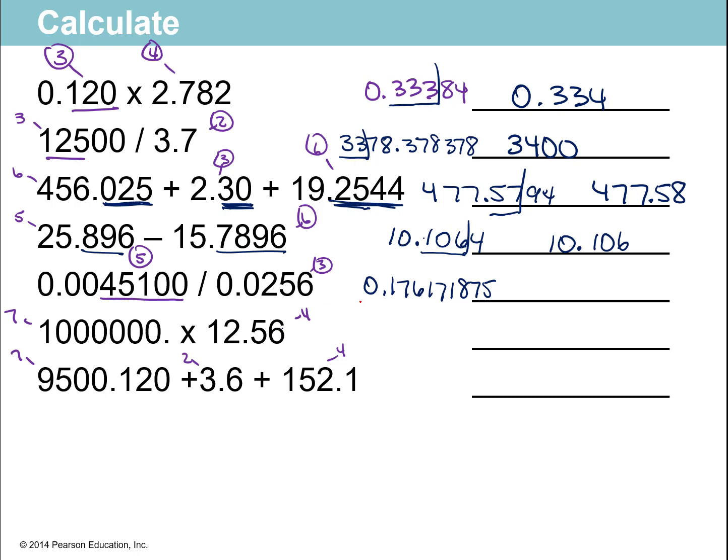Starting from the left, do I underline the 0? No. Remember, the 0 out front doesn't count as significant. The first 3 significant figures are 176. The next number's a 1, so what happens? All of those just round off, so 0.176. I keep the 0 out front because it's just showing where the decimal is located. It's not a significant figure. Bless you. 1,000,000 times 12.56.